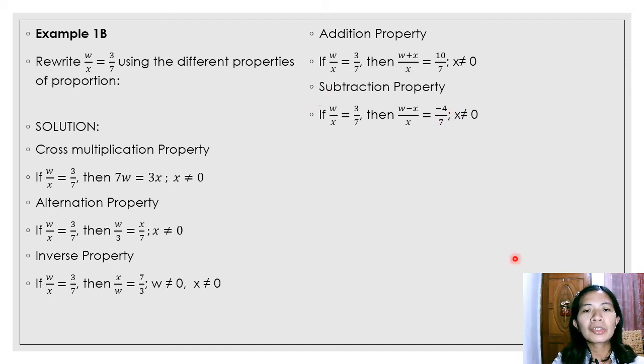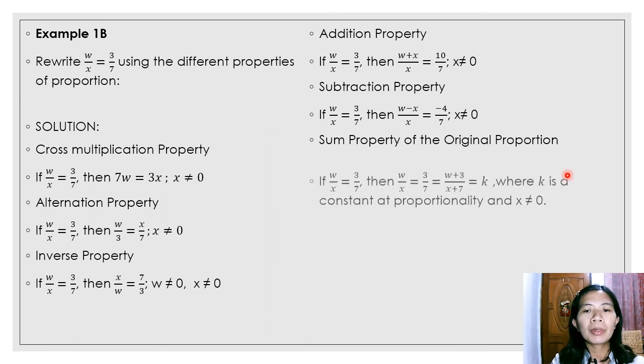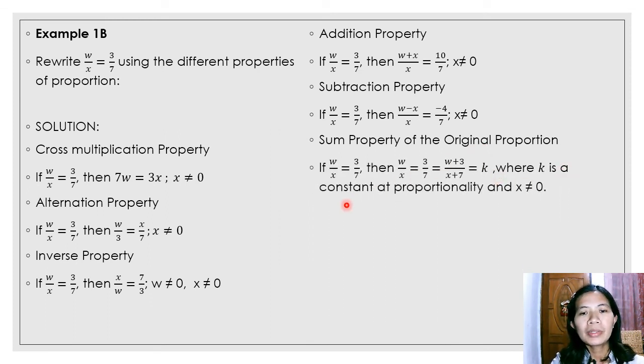That is the subtraction property. And then for the sum property of the original proportion, since we have only two given, if W over X equals 3 over 7, then W over X equals 3 over 7 equal to W plus 3 all over X plus 7 equals K, where K is the constant of proportionality and X is not equal to 0.